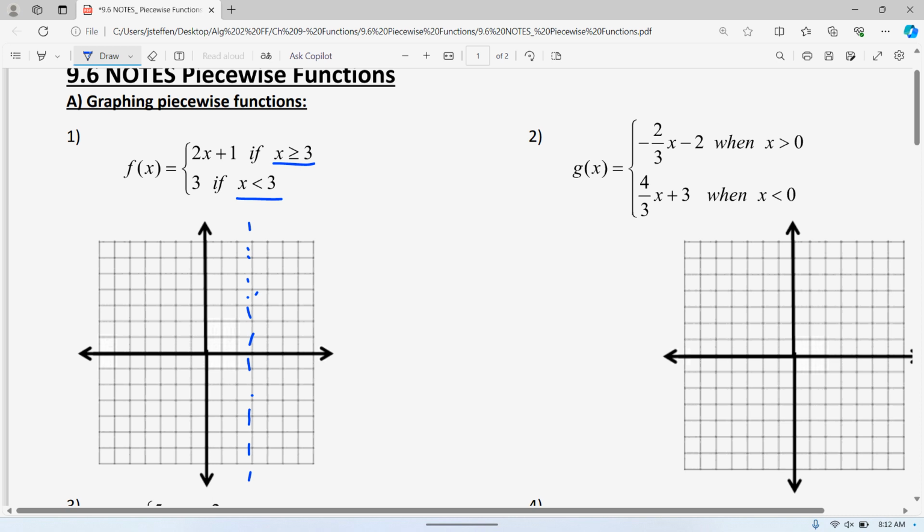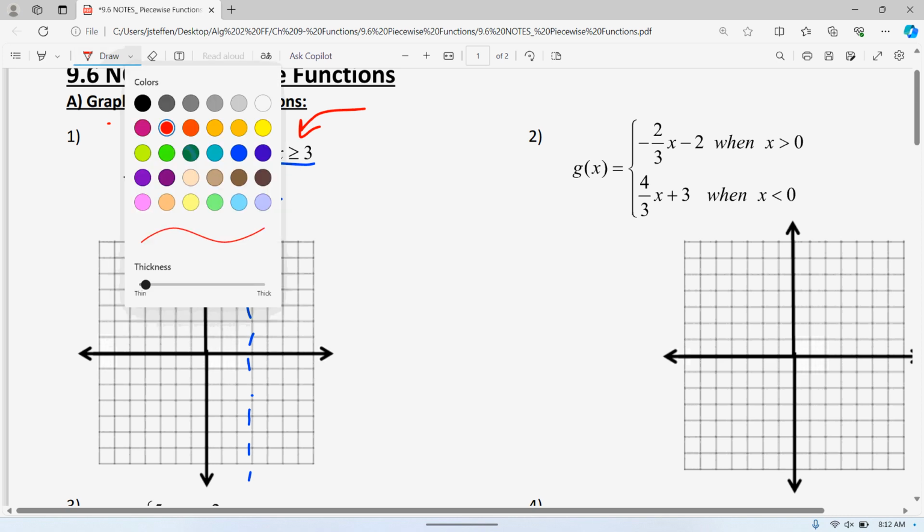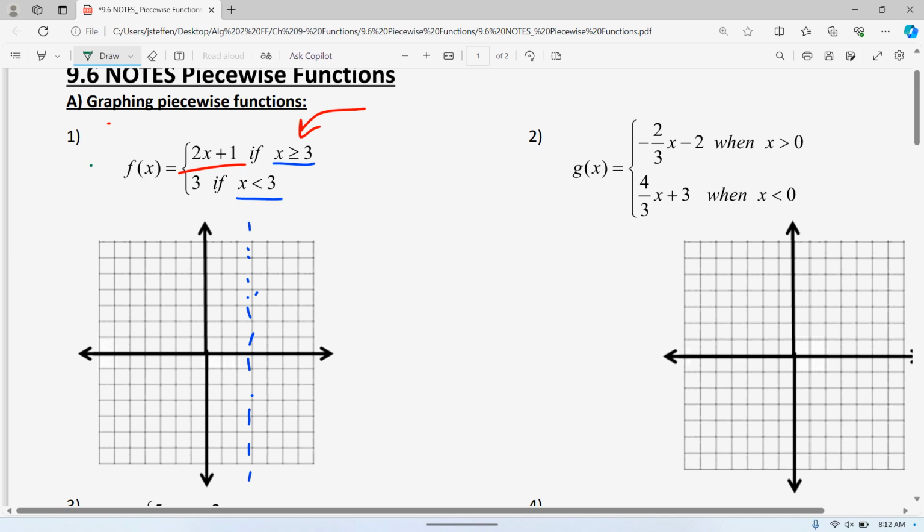You do not have to take the time to do that dotted line or a light line or anything like that, but I do think it really helps get that mental space where now I definitely know this first one is everything bigger than 3, and the next one is everything less than 3. Let's actually start with the second one, everything less than 3. That's usually how that is.